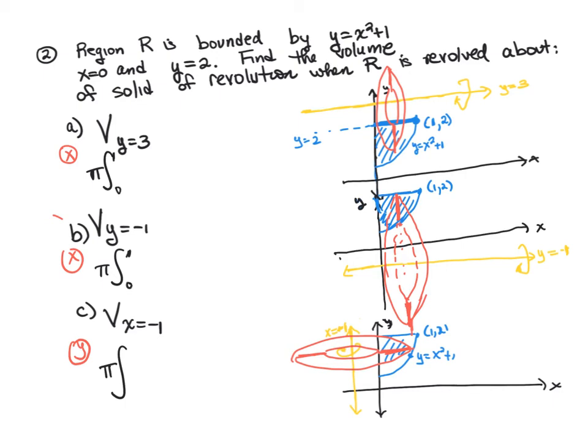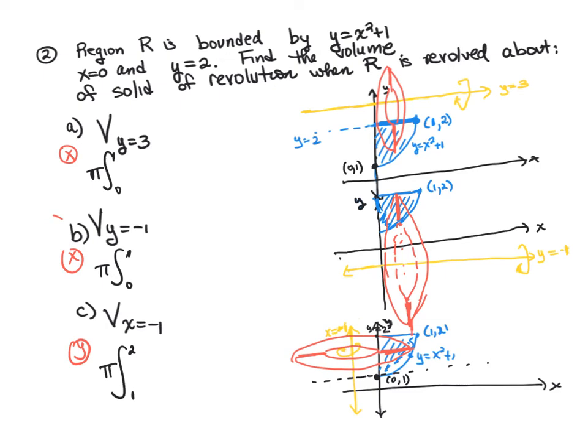But the y limits of integration would be from, let's see, this point here is 0, 1. So it would be from y equals 1 to y equals 2, because if this is 0, 1, and this is y equals 2, then our region is bounded by the lines y equals 1 and y equals 2. So those would be the limits of integration.